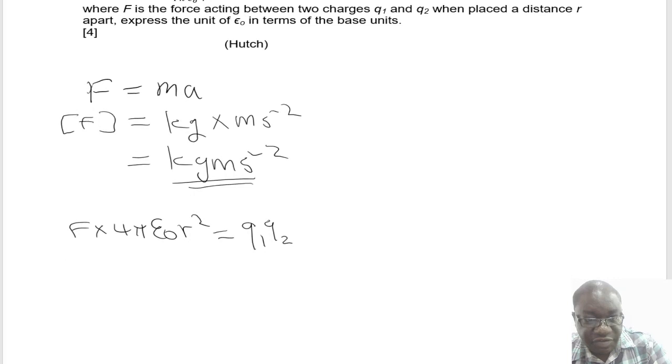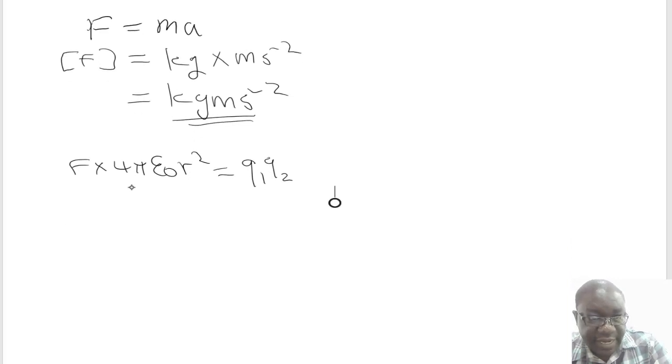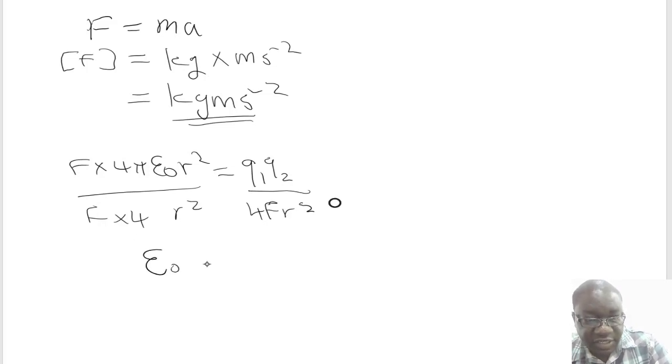And then you divide both sides by F times 4 r squared, and you remain with epsilon naught. So on the left hand side we've got epsilon naught, which will be equal to Q1 Q2 over 4 pi F r squared.